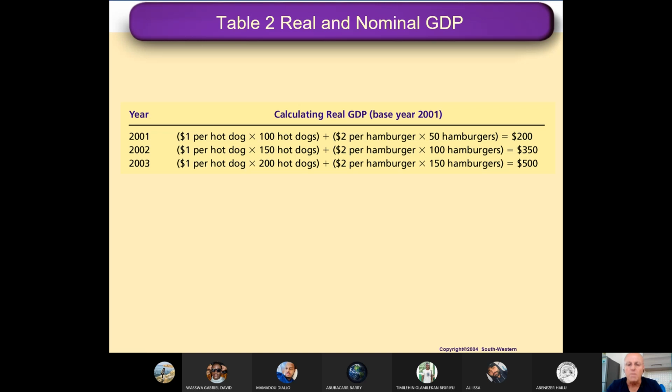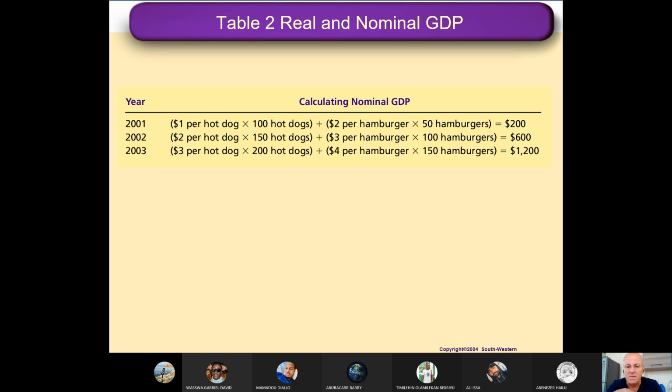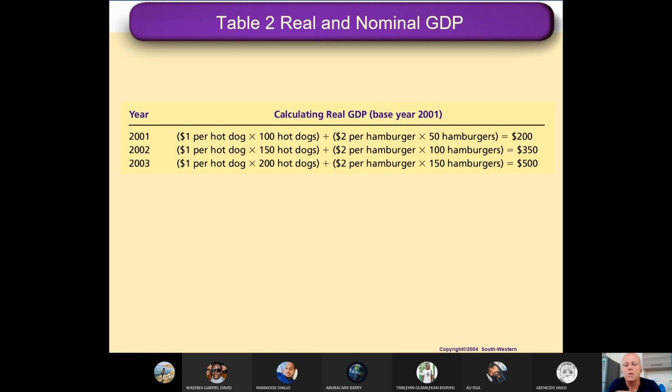But when we look at the nominal terms, from 2001 to 2002 the nominal increase of the GDP is 400, which is very high, and from 2002 to 2003 it is $600, which is again very high because of the inflation. These numbers are increasing, but in real terms, when you calculate them, you observe from 2001 to 2002 only $150, and from 2002 to 2003 again only a $150 increase in GDP.